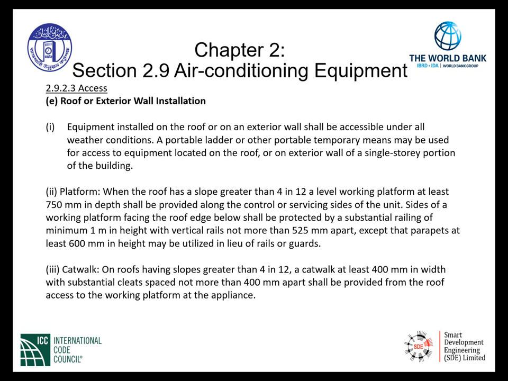Therefore, we need to get from the roof edge to the platform of this steeply sloped roof by means of a catwalk. A catwalk is a level walk that would allow the service personnel to walk from the edge of the roof to the platform that's required when we have roof slopes greater than 4 in 12.